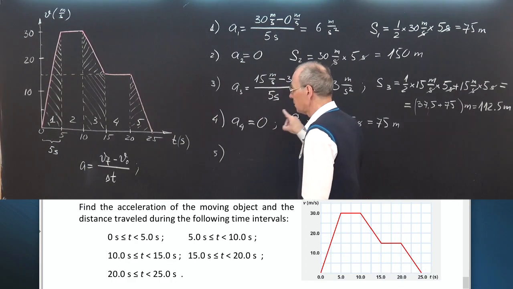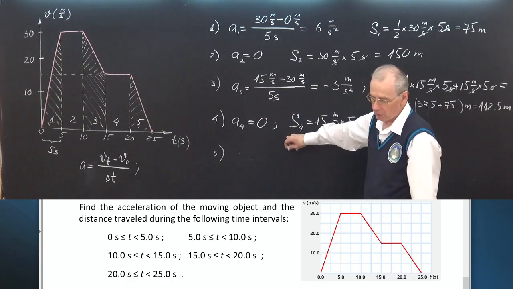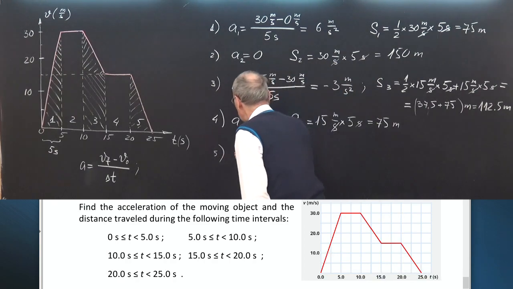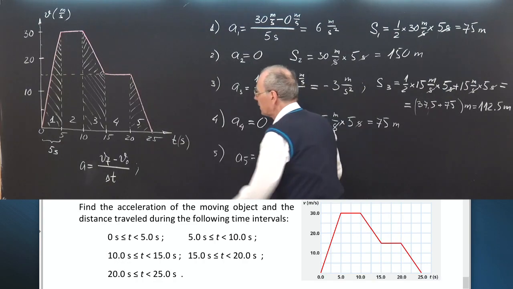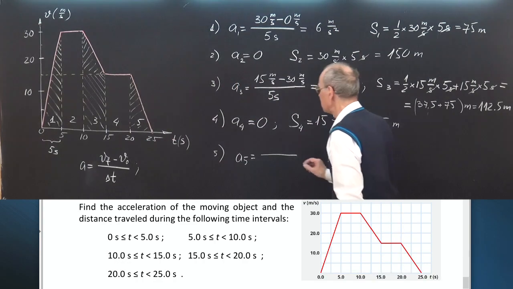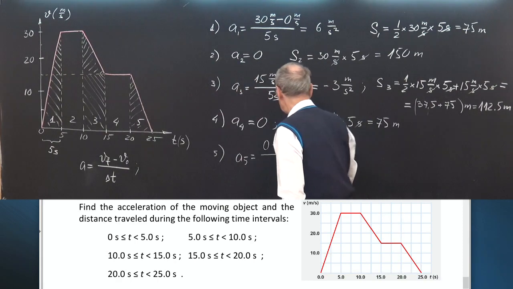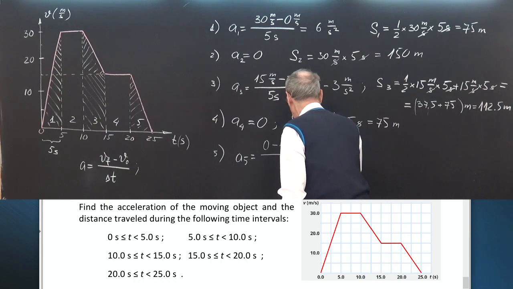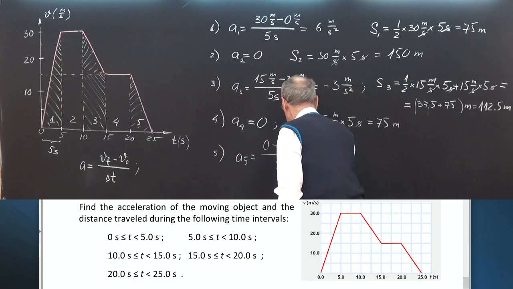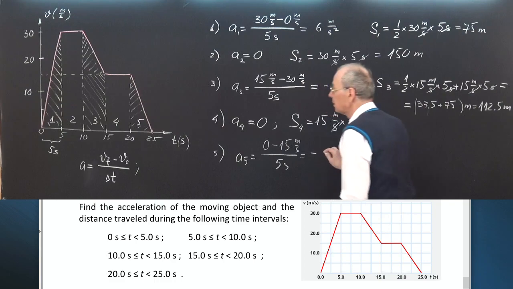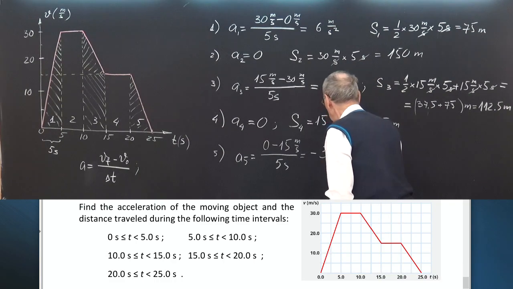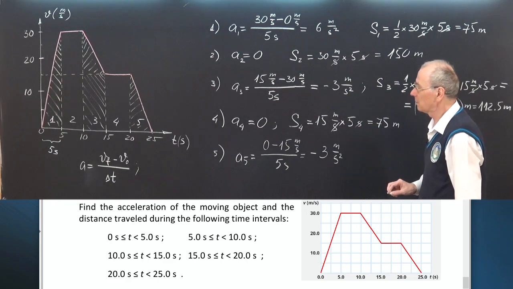To find acceleration, A5 equals final speed 0 minus initial speed 15 meters per second over 5 seconds gives minus 3 meters per second squared.